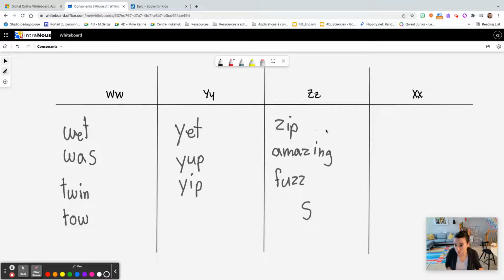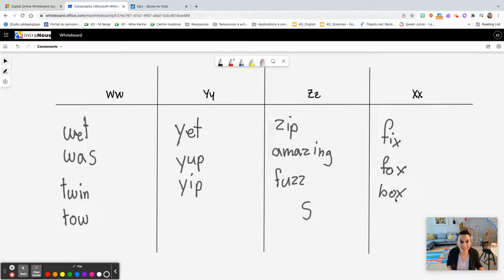Now, the X sound that we're going to listen for today is the x, x, x, x sound, not the z sound, okay? And we only find that at the end of words. So in words like fix, or fox, or box.